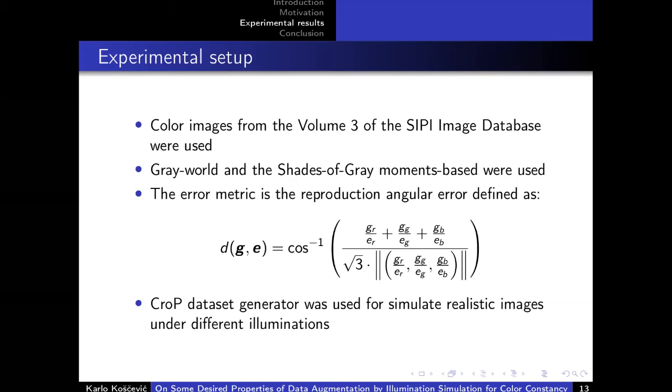For the error metric, we used the reproduction angular error, which is basically the angle between the perfect white illumination and the white illumination we obtain when we correct our images by our estimation vector. To generate images under different illuminations, we used the crop dataset generator, which I described in previous slides.